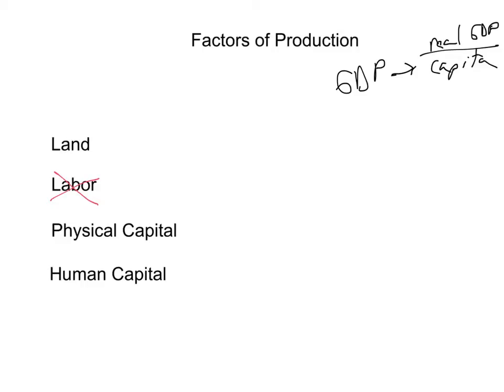Every time you're adding to the numerator, you would also be adding to the denominator, so the actual total of per-person output would not go up. What that means is we need more land, but this isn't really human-created, so that's going to pose a problem. What we really need is more physical capital and more human capital.